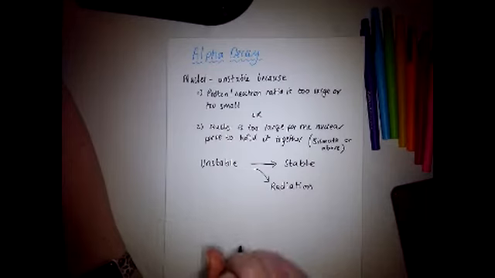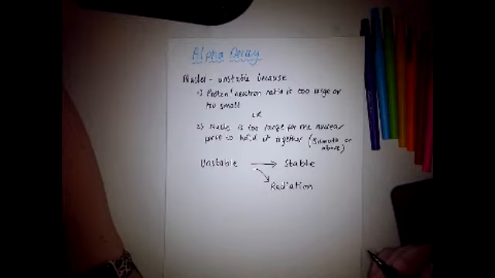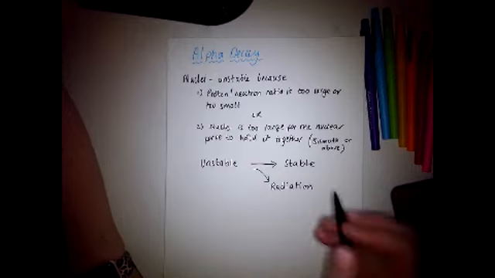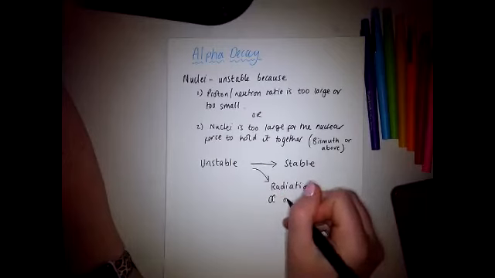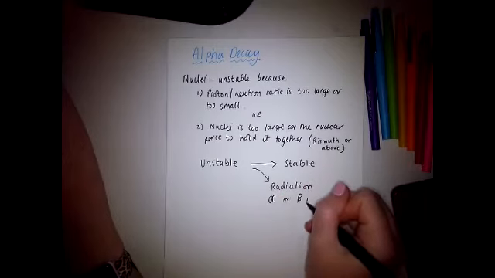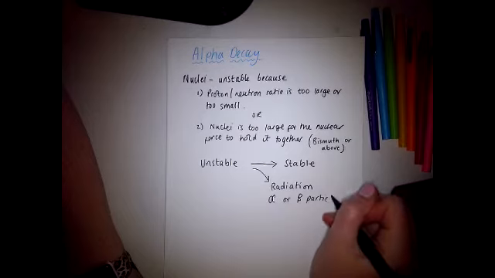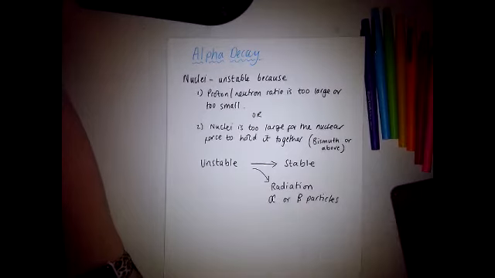And that radiation will be in the form of energetic particles. Those energetic particles, yes, you've probably already guessed it, are alpha or beta particles. And then we give them out, and then the nucleus will eventually become stable.